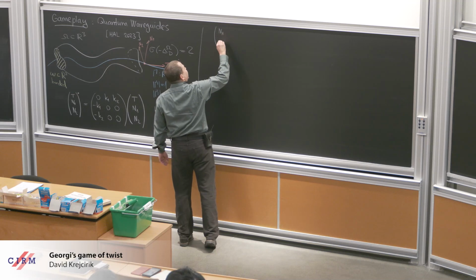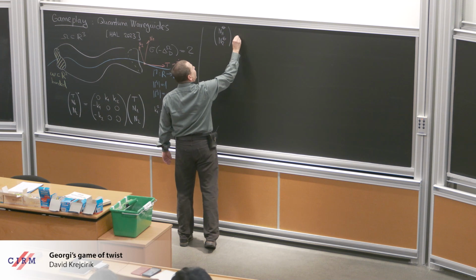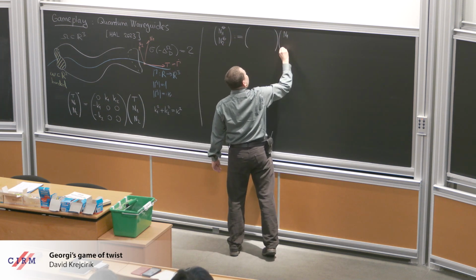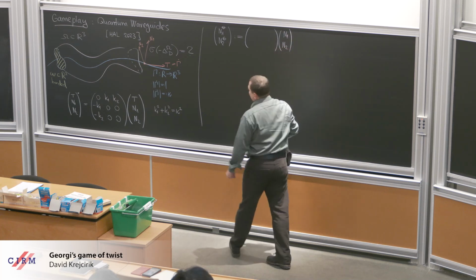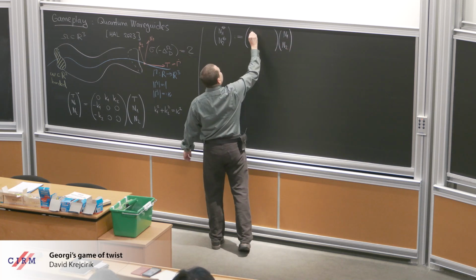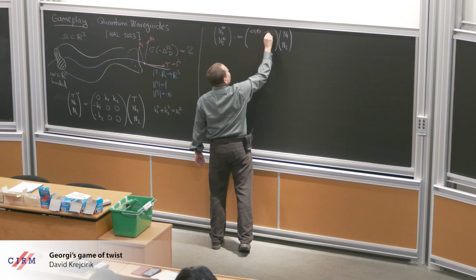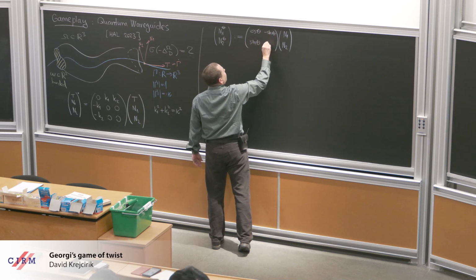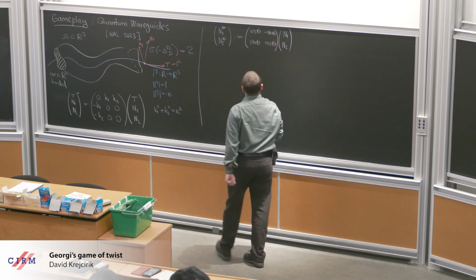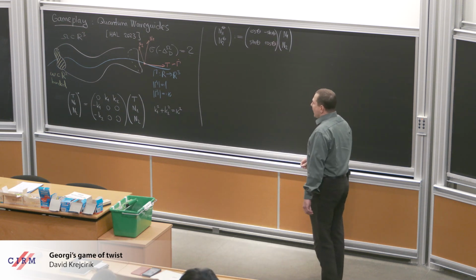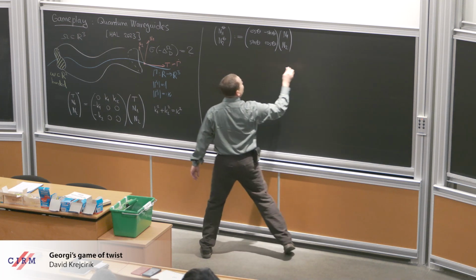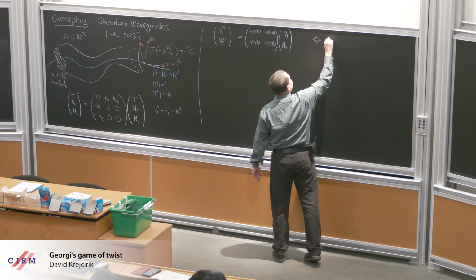I introduce N1, N2, which I denote with theta, and it will be just a rotation of this frame: cosine theta, minus sine theta, cosine theta. Theta is a function.